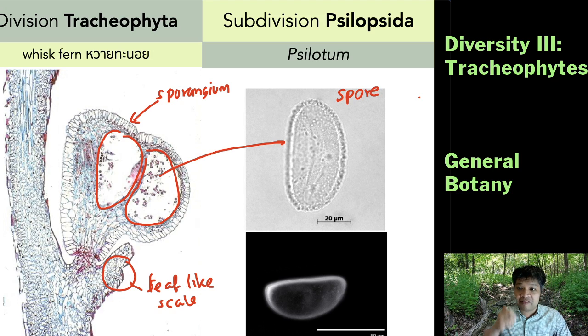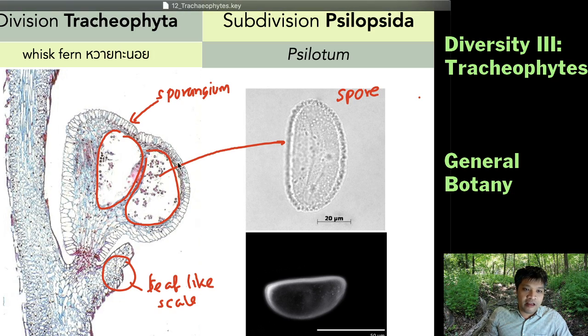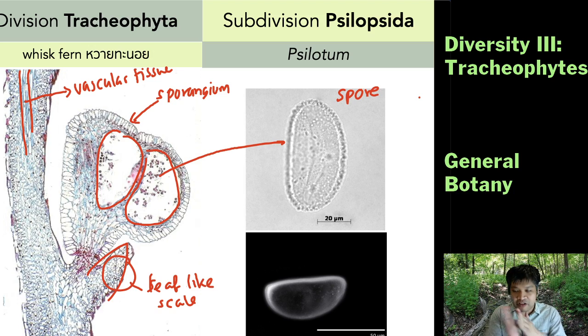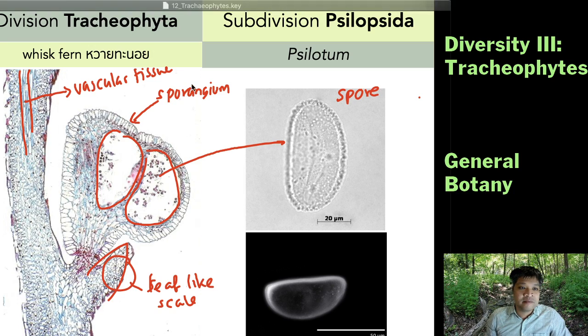You can see only one size of spore appear here, so these are homospores. You can see that they have some vascular tissue right in the middle of the stem, but not elsewhere, not in the leaf-like scale here. It's just plant tissue supporting the sporangium.